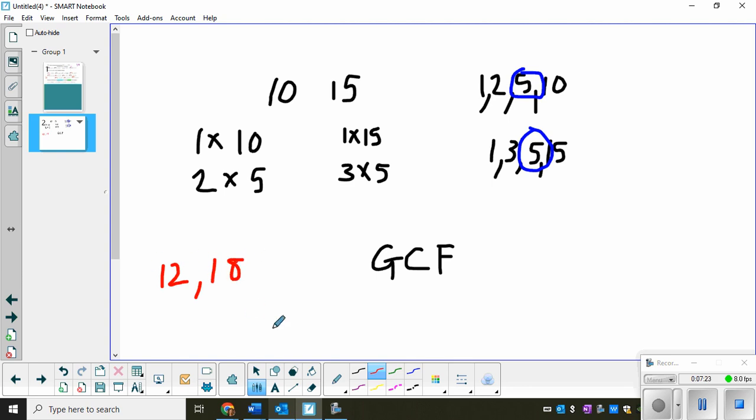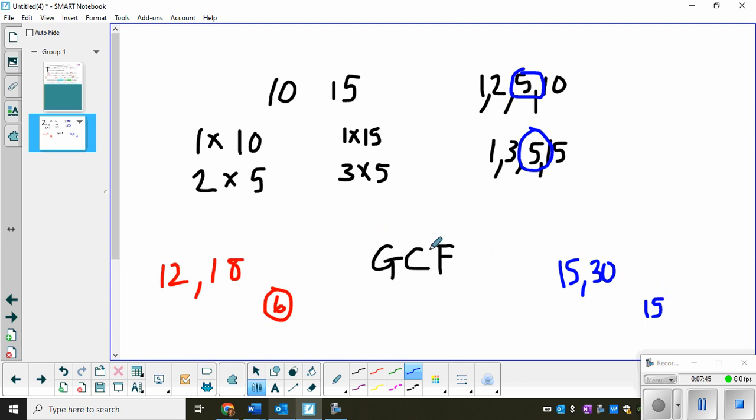What's the biggest number that goes into both 12 and 18? Hopefully you're getting that that would be a 6. 6 is the biggest number that goes into both of those. What if we did a 15 and a 30? What's the greatest common factor of 15 and 30? Well, that one would actually be the 15 because 15 goes into itself and it goes into 30.